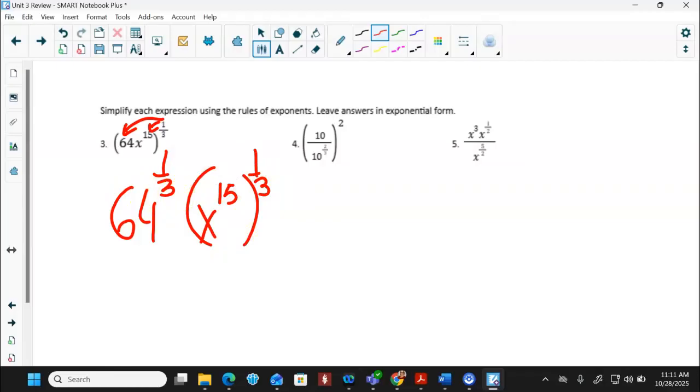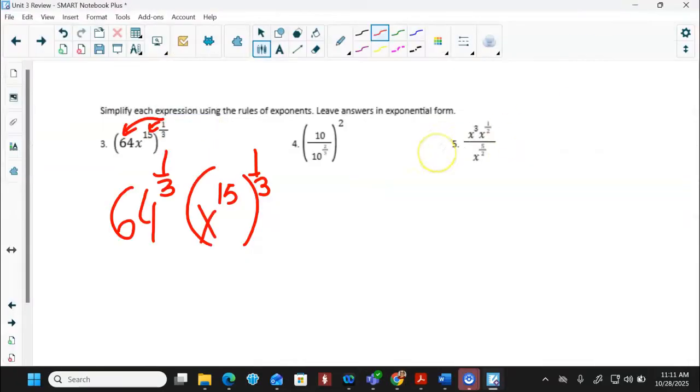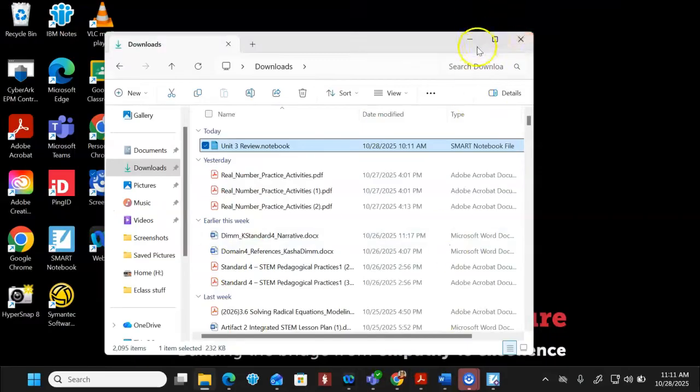So here 1/3 is going to be put into the radical. So we're going to use decimals. We're going to say 64 raised to 1 over 3. Okay, so we get a 4. So now it's a 4. And then here, 15 raised to 1/3, we multiply them out. So we're going to multiply 15 times 1/3.